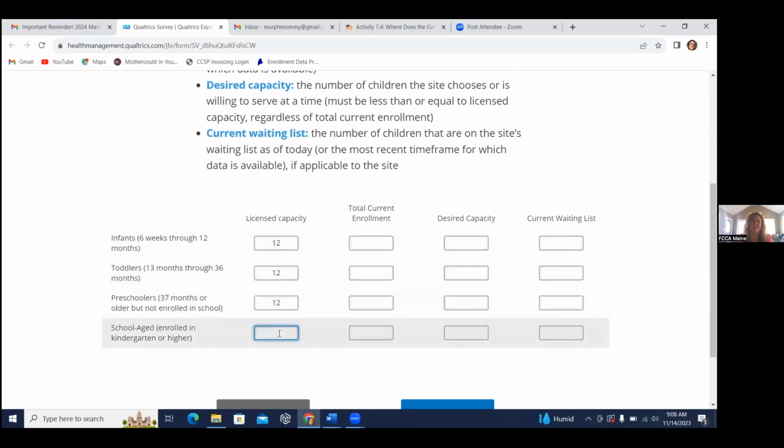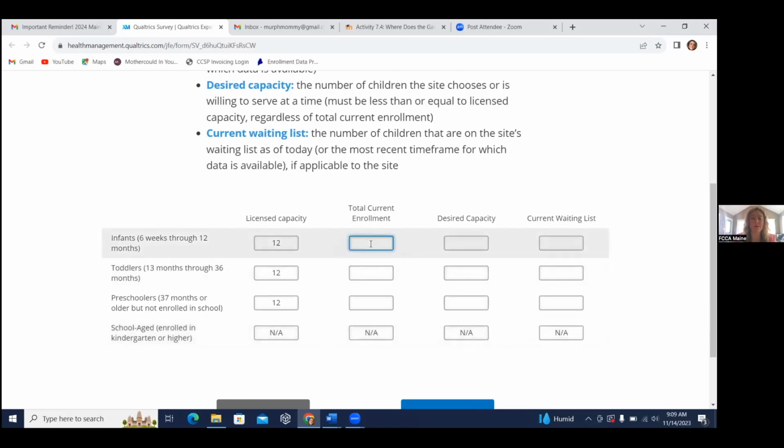They used to have 6. Since I said NA for school age, you put in NA if it doesn't apply. I'm going to do that just for time.